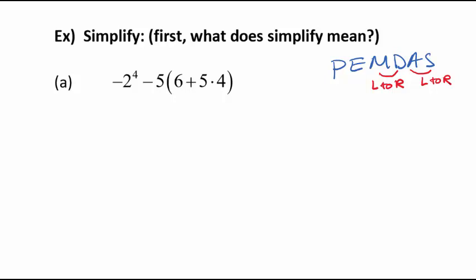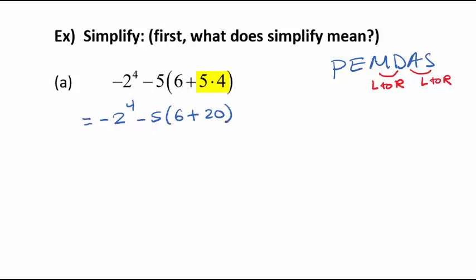So for this expression, negative 2 to the fourth power minus 5 times (6 plus 5 times 4). First we have to simplify the one in the parentheses. Inside the parentheses, we have addition and multiplication. We have to do multiplication first, 5 times 4, which is 20.